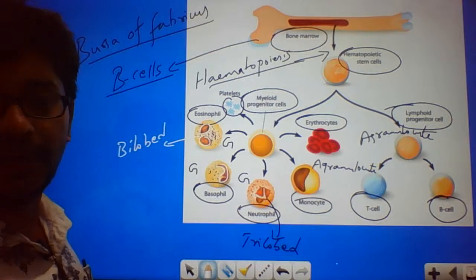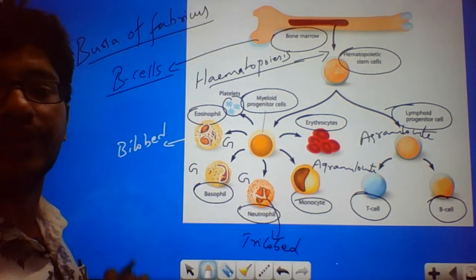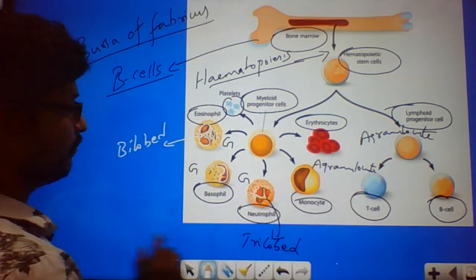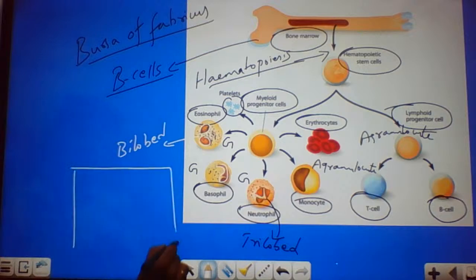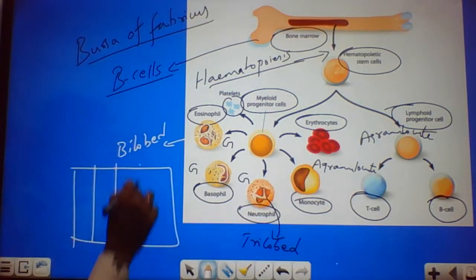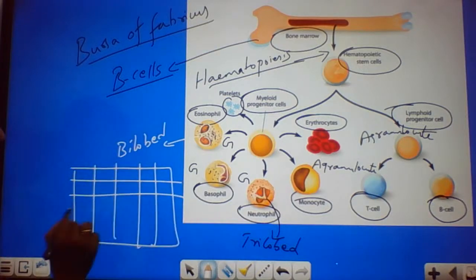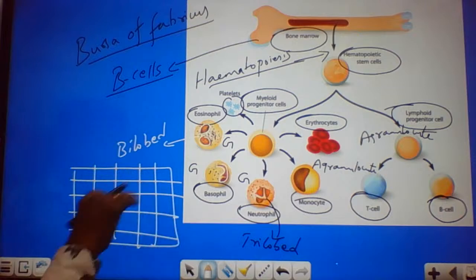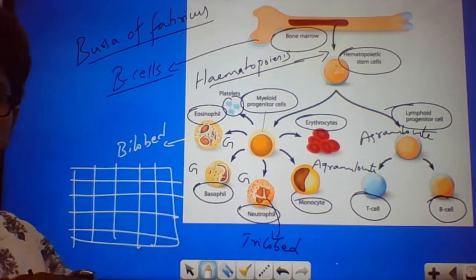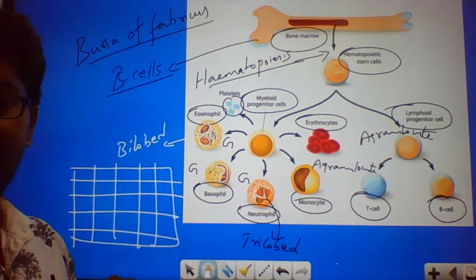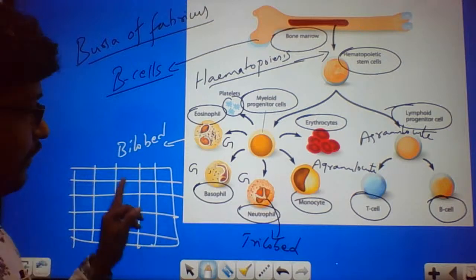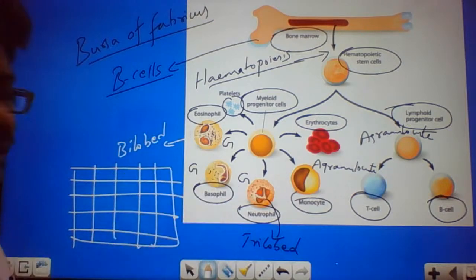What is the name of the technique by which you can see this? When you go for a count, there's a specific technique by which we count by 100, with 10 rows and columns. Under the microscope, after making the blood smear with Leishman stain, we count the number of cells.